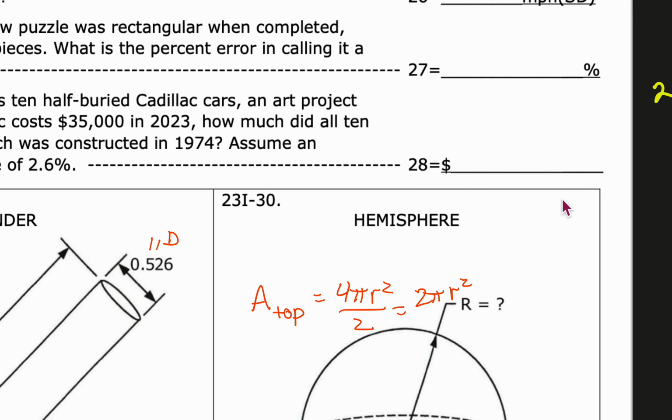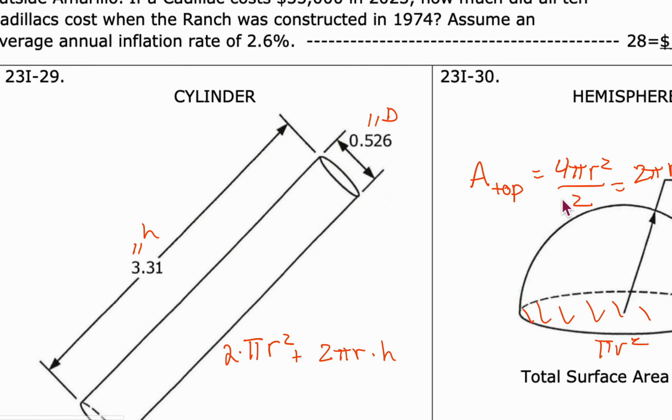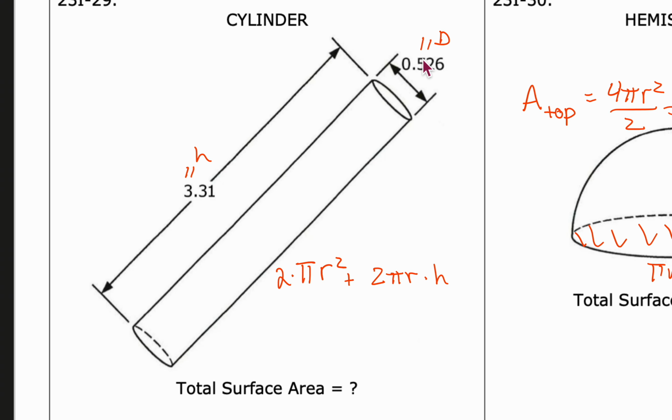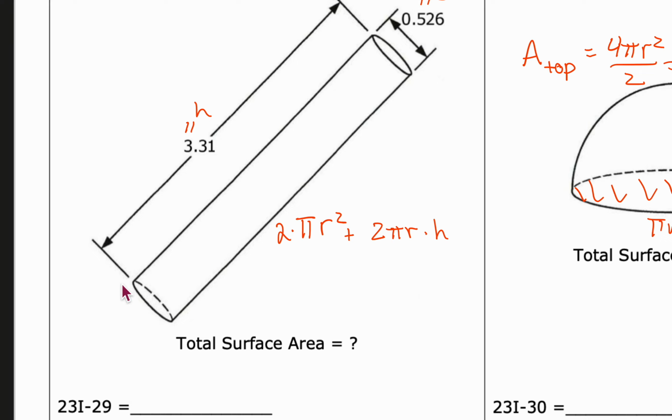Let's continue with 29. We have a cylinder. They give us the diameter and the length or the height, depending on the formula as it's written, of the cylinder, and they want us to get the total surface area. Well, the surface area of the shape is going to be two circles with pi r squared worth of area.